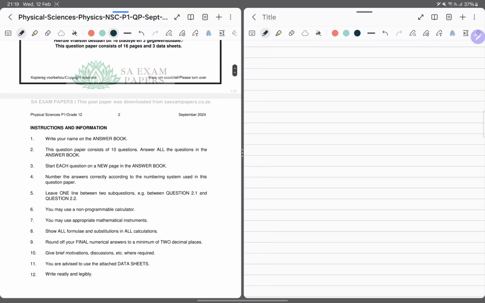Right, let's look at the instructions quickly. Of course, guys, I almost always jump for the jugular. I don't have time to run around. Now, in all calculations, we must show formulae substitutions, right? And in terms of our numerical answers, we need a minimum of 2 decimal places for this paper. Be very careful.